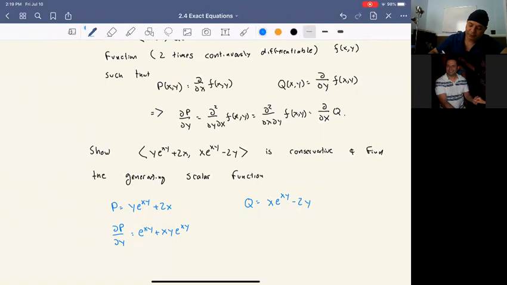Okay. Partial Q with respect to x is going to be e to the xy plus xy e to the xy. Okay, good. These are the same, right? So that means we have a conservative vector field.